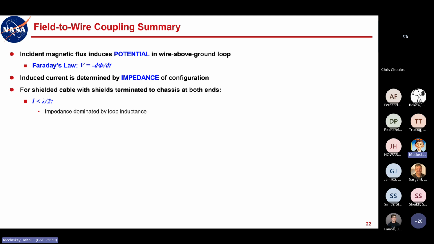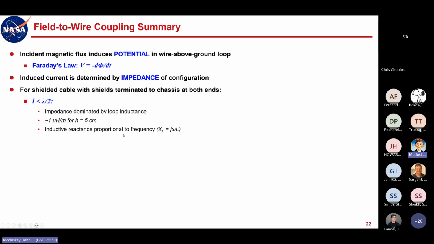Now, obviously, we know there's no such thing, but very low resistance is what you want for a good shield to chassis or shield to back shell termination. You want that to be less than 2.5 milliohm. So the impedance is going to be dominated by the loop inductance, and for a cable 5 centimeters above ground, that's about a microhenry per meter.